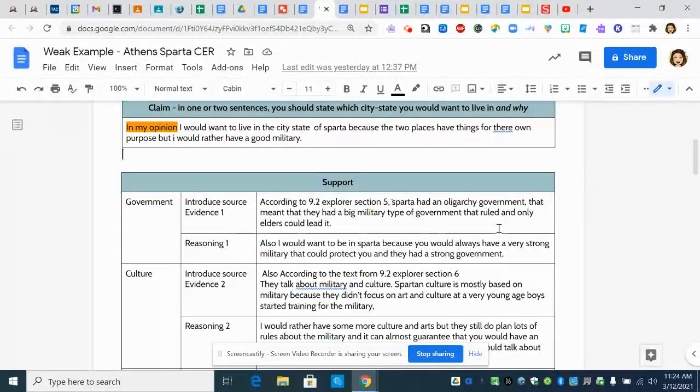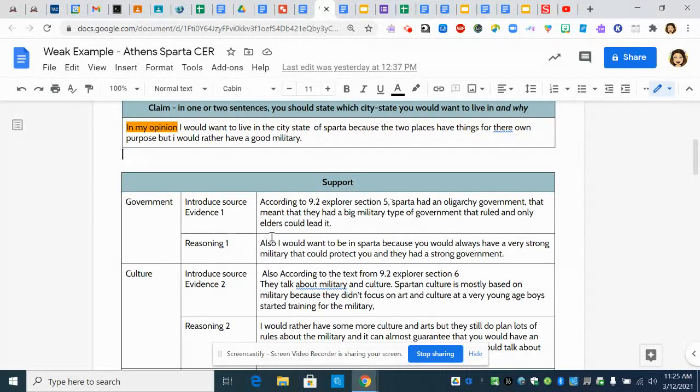But what did that mean? So if the oligarchy government had a big military type of government, in the reasons it should explain why that type of government protected people in that city state. Okay? So this student's claim, evidence, and reasoning do not really go well together.